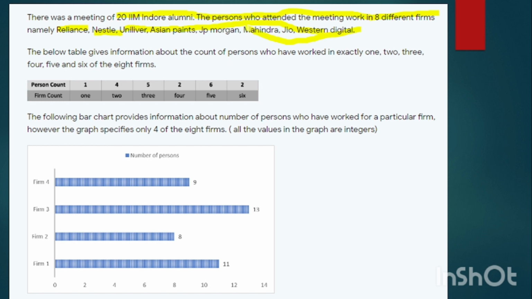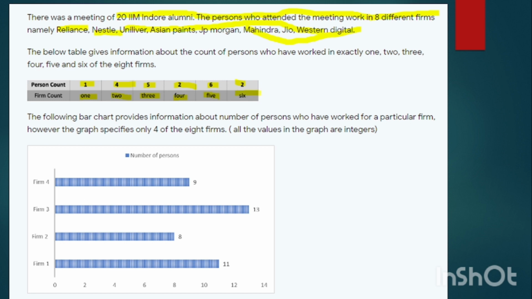The below table gives the information about the count of persons who have worked in exactly 1, 2, 3, 4, 5, and 6 of the 8 firms. So one person worked in one firm, 4 persons worked in 2 firms, 5 persons worked in 3 firms, 2 persons worked in 4 firms, 6 persons worked in 5 firms, and 2 persons worked in 6 firms.